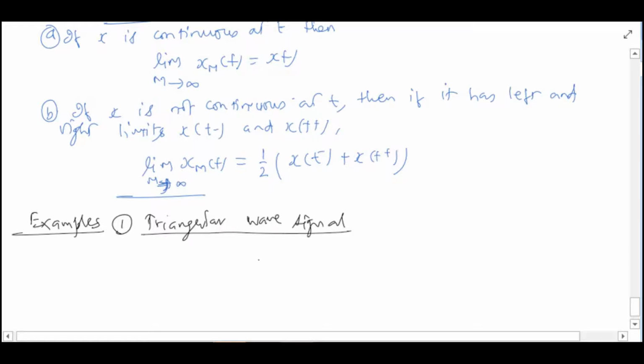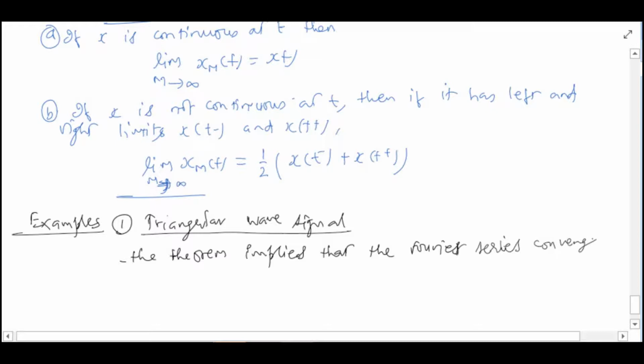So the above theorem implies that the Fourier series converges at each point.